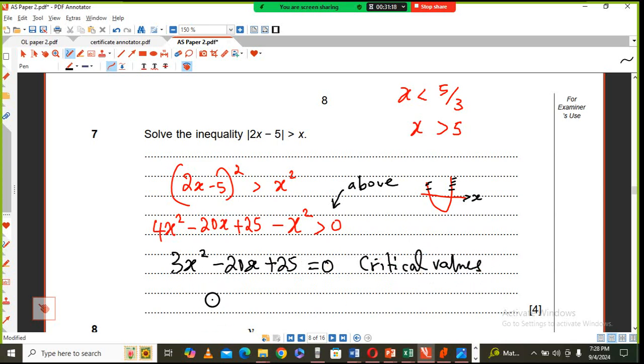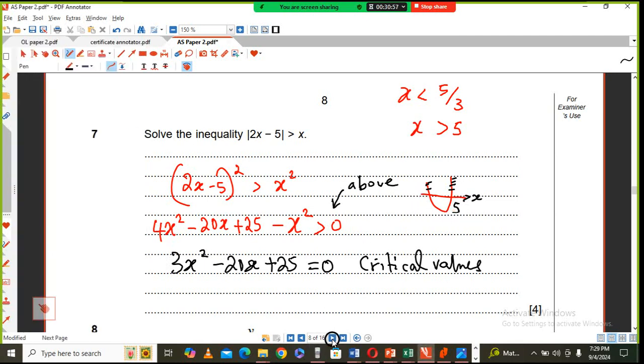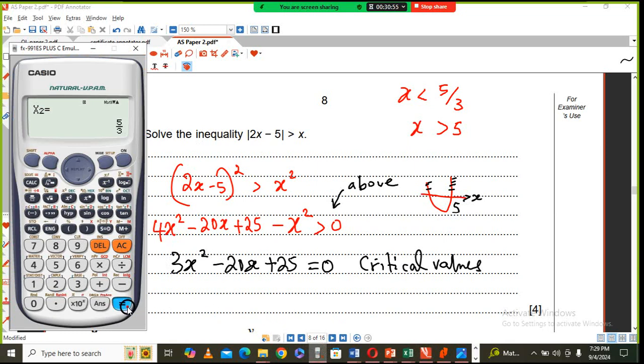If you are solving this equation, I will use this calculator, but you are not allowed to use it in the examination. Our A is 3, our B is minus 20, our C is 25. So 5 is one answer, and 5/3 is another answer.